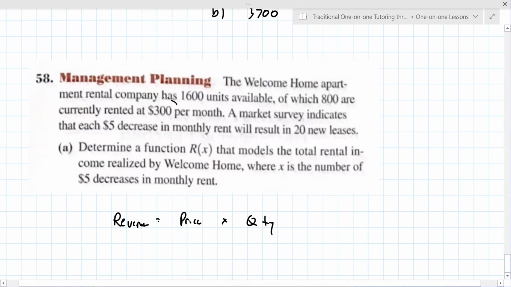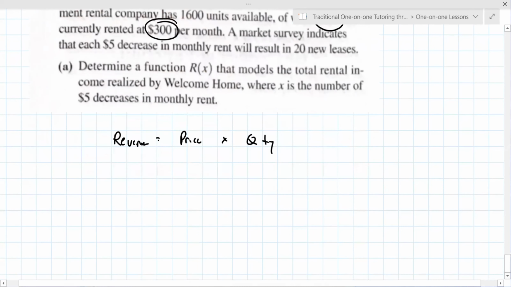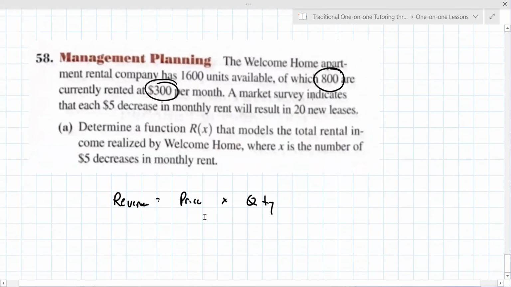What is the current price? Circled it. And what is the current quantity? It's 800. So these things work inversely, like one goes up, the other goes down. Currently the price is $300. Are they proposing to increase or decrease the rent? Decrease. Yeah.